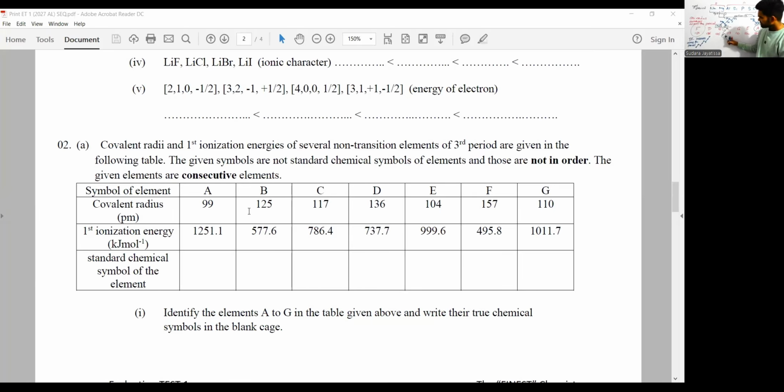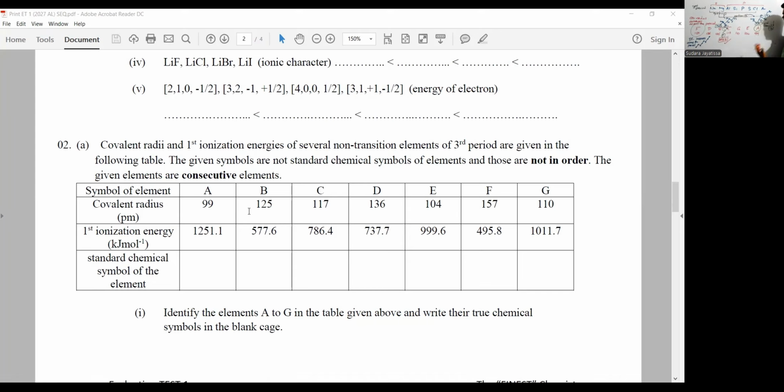Element F has a value of 495.8. So is it the lowest value? You can quickly check through the values. Yes, 495.8 is the lowest value. That means this first option is correct.